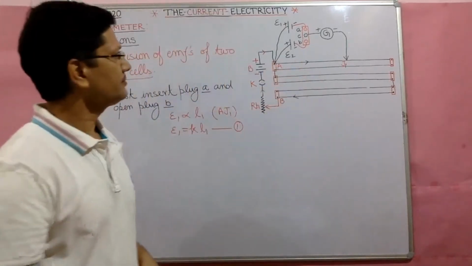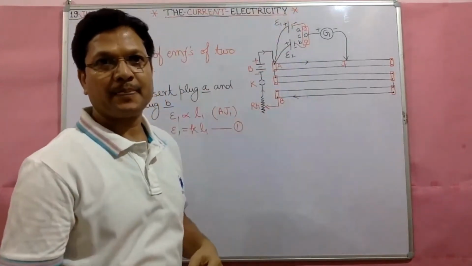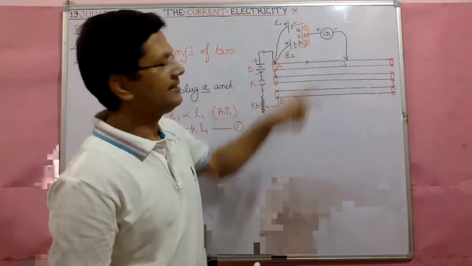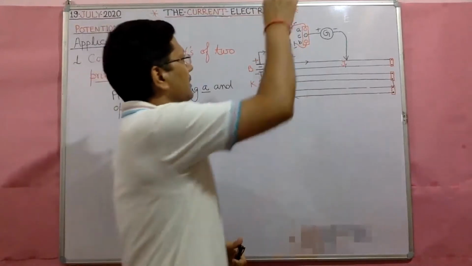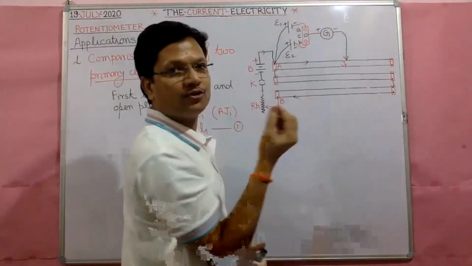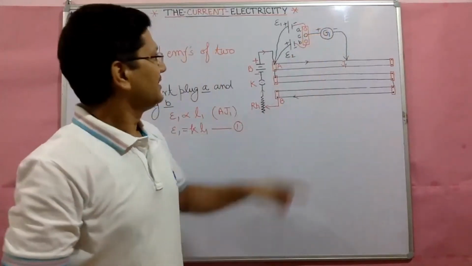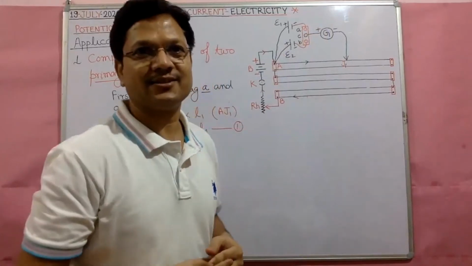Now, open plug A, हम प्लग ए को निकाल लेते हैं, open plug A and insert plug in B. ए को हमने बाहर निकाल लिया और जो प्लग होता है उसको हमने बी में लगा दिया। Now the cell E2 gets introduced in the circuit.